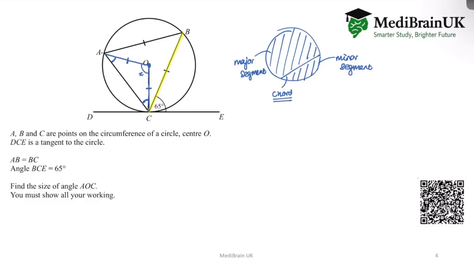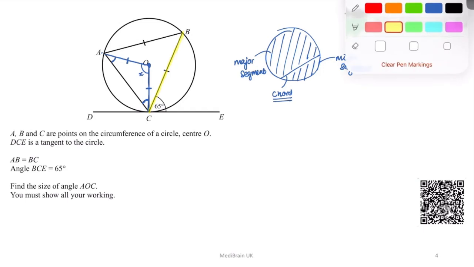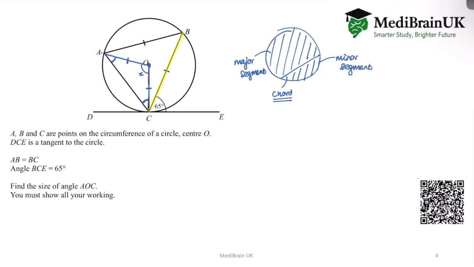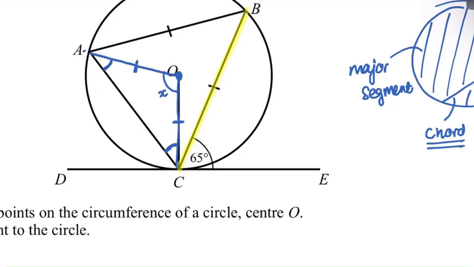Okay, so for example, in this question, we can see that we've got this angle over here. We've got 65 degrees on this side. Okay, it's in the right segment. That means the angle which is opposite it is also going to be the same in the opposite segment. Okay, so we've got 65 degrees. This is in the minor segment because it's in the smaller segment of the circle.